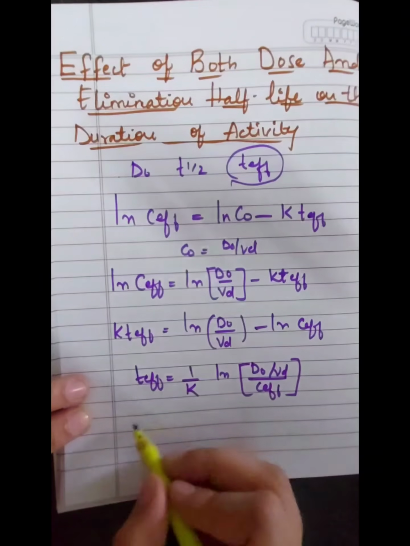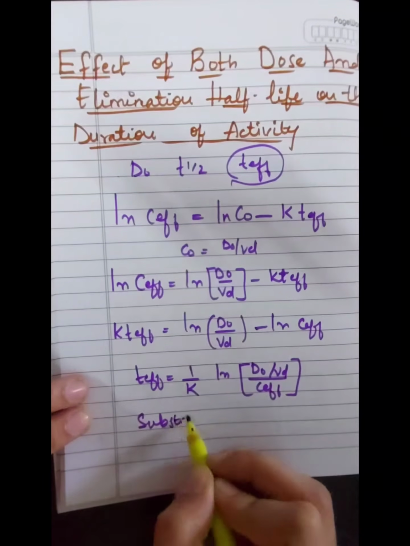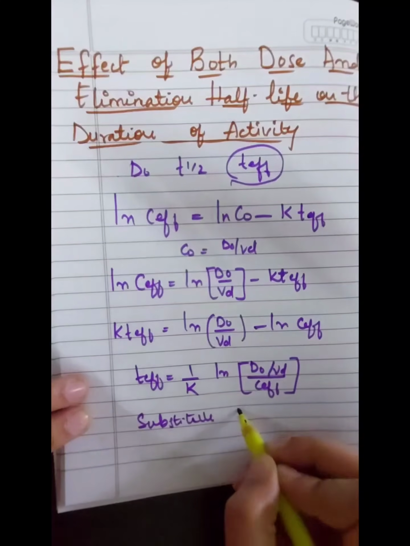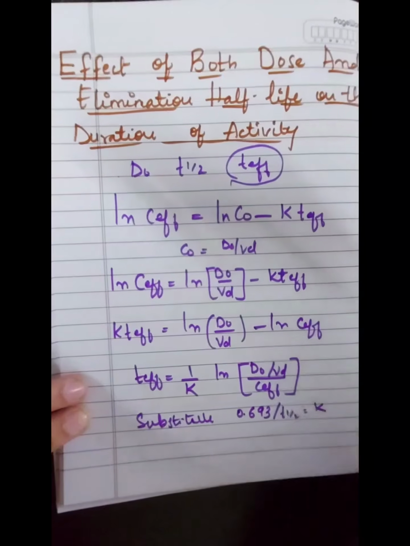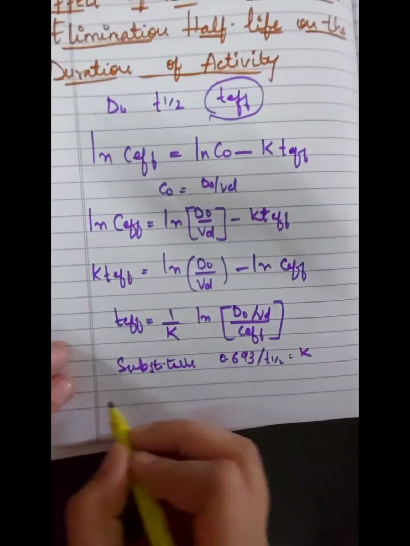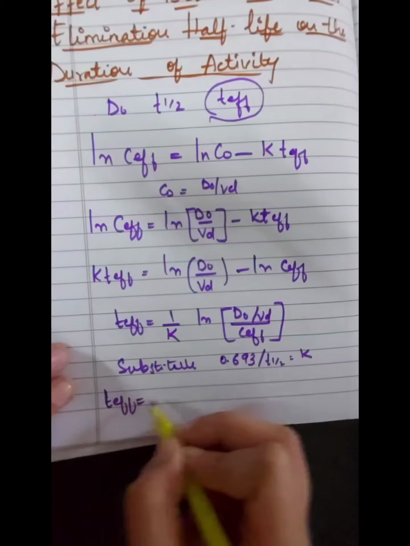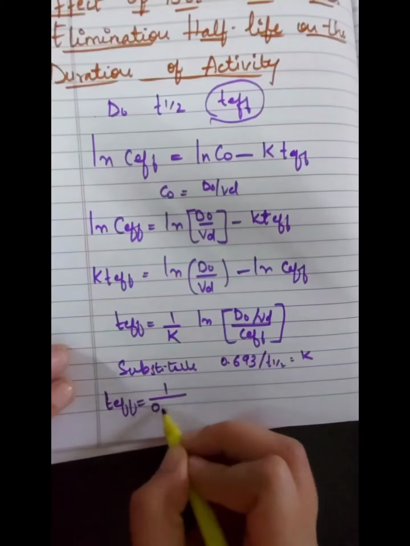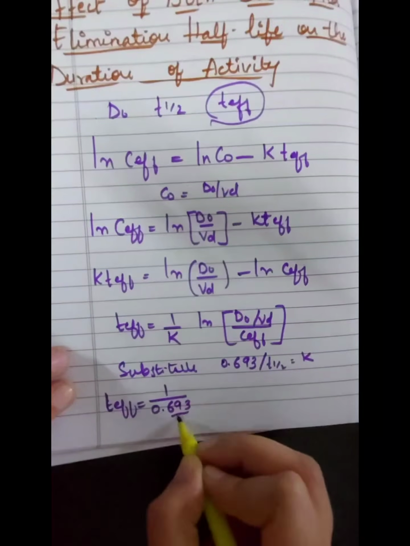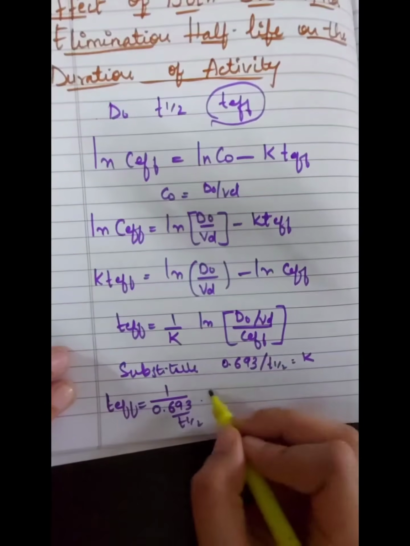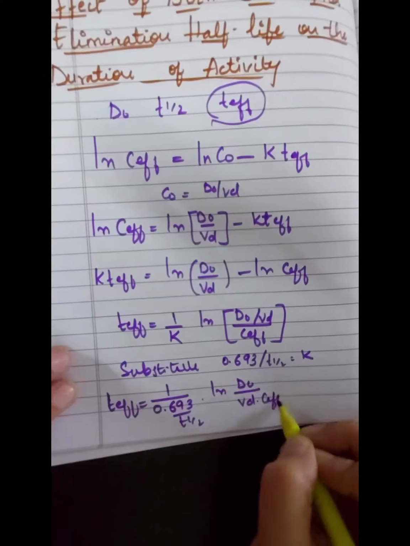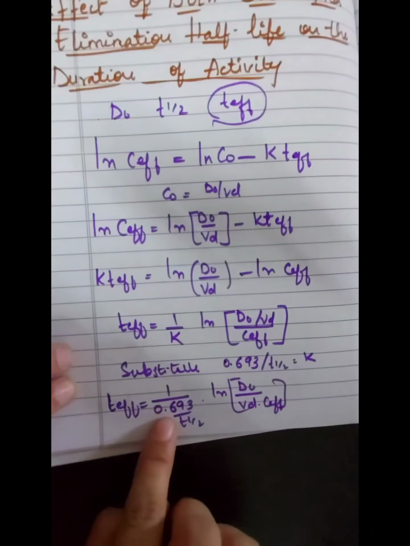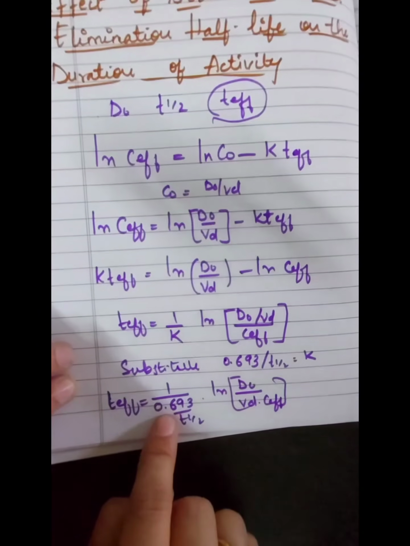Next we need to substitute 0.693 divided by T half in place of K. So we'll get a value somewhat like this: T effective equals 1 divided by 0.693 by T half into natural log of D naught divided by VD into C effective, and 1 by 0.693 will give a value of 1.44.